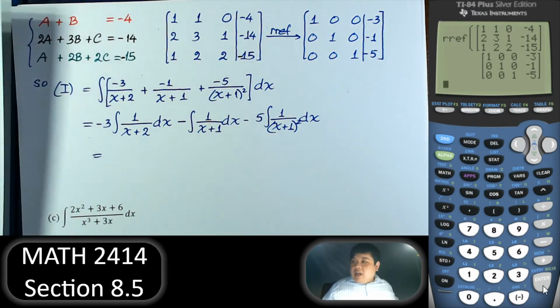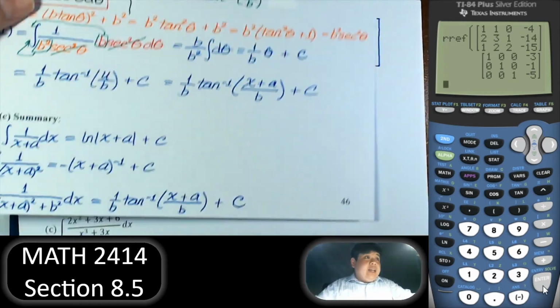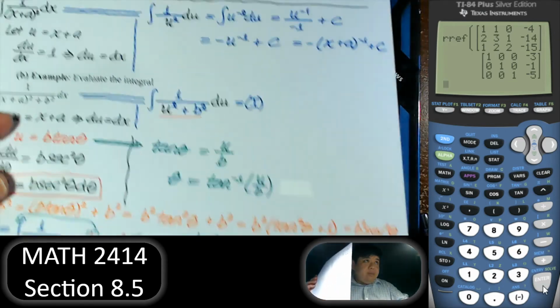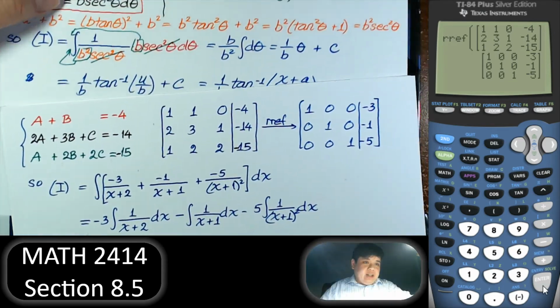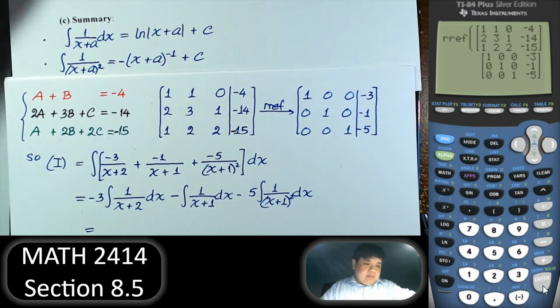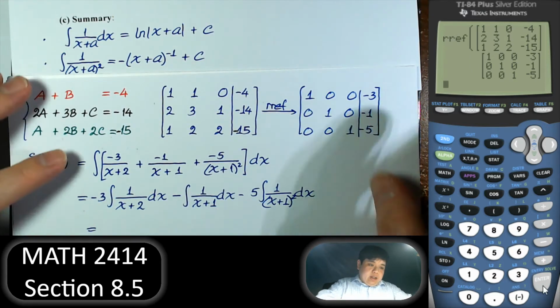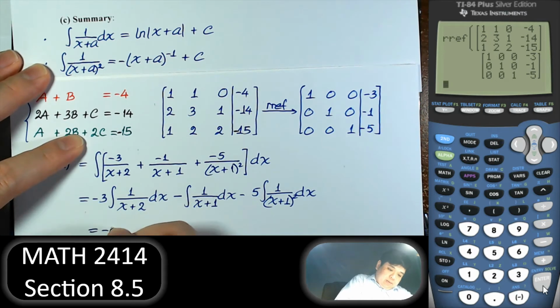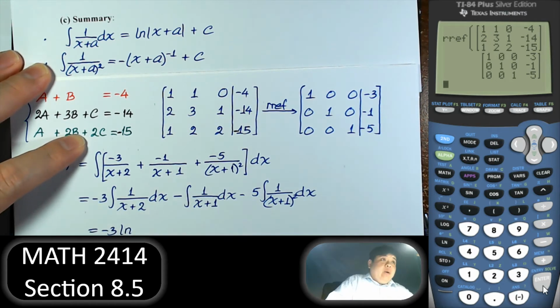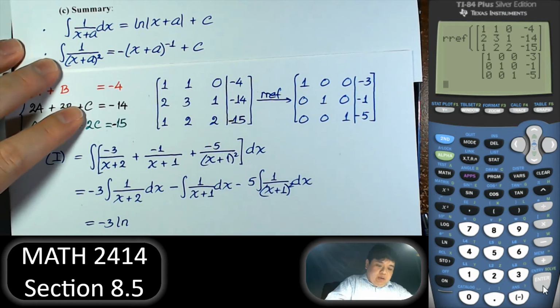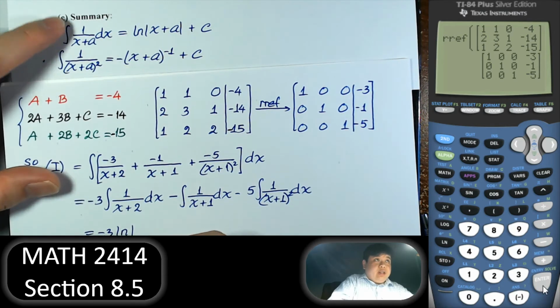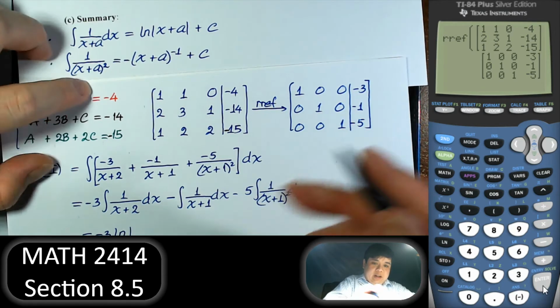Now, when we write it like that, it is useful to have the summary from previously on how we integrate. So we're going to have -3 ln of the absolute value of x plus 2. So we're going to use this one here.